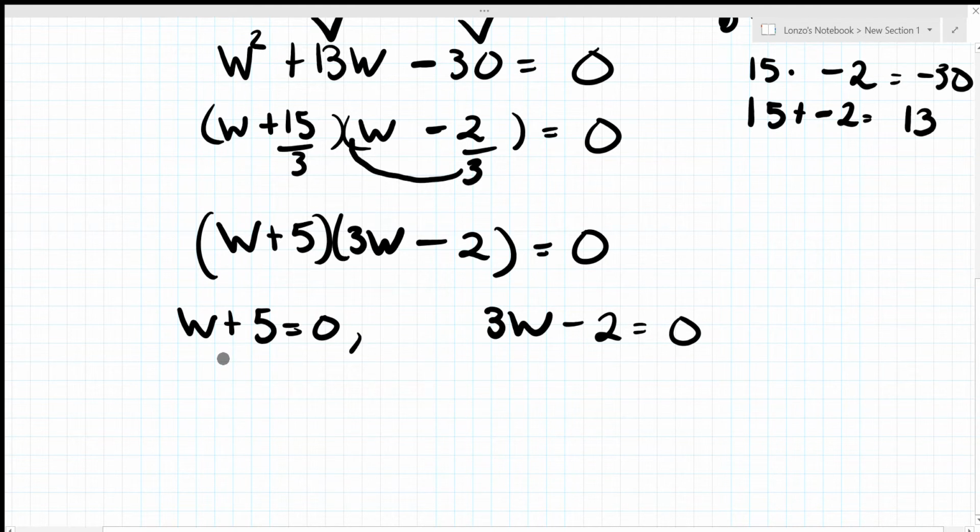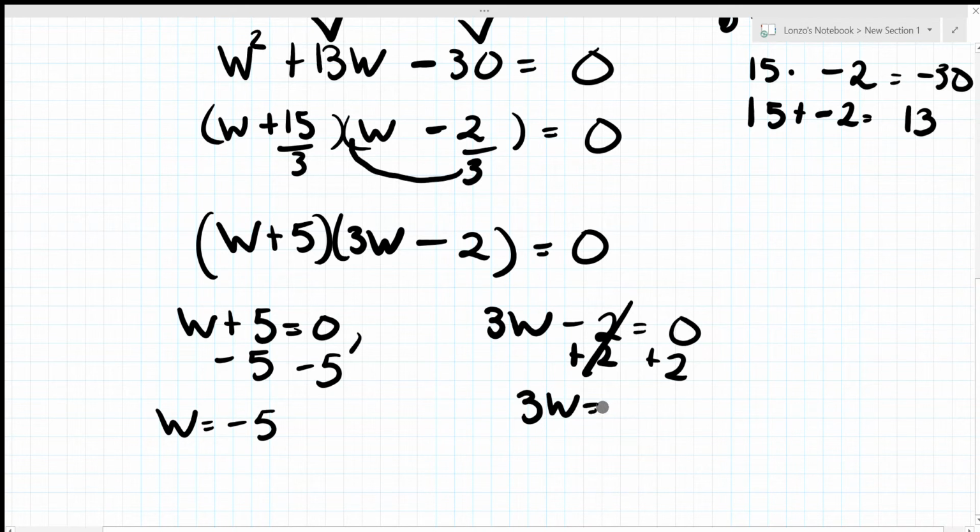So what I'm going to do is subtract 5 from both sides. I get w equals negative 5. Good. And then over here to solve for w, I'm going to add 2 because I want to get rid of that 2. So you're left with 3w equals 2. Now I want to get rid of this 3. I don't want to get rid of the whole 3w, I just want to get rid of this 3. So since this is multiplication, what's the opposite of multiplication? Division. So I'm going to divide 3 from both sides.